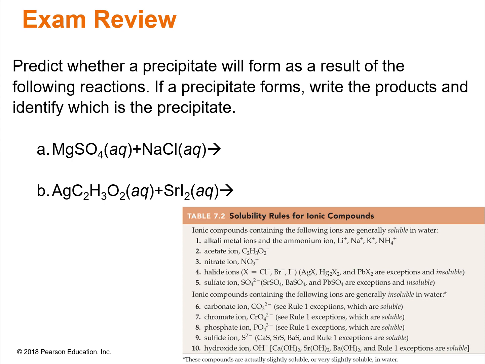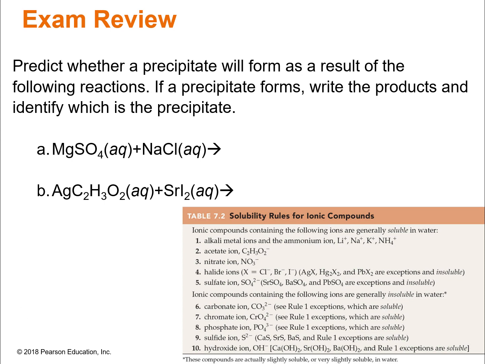We're starting out with predicting whether a precipitate will form as a result of a reaction. So these reactions are potentially double replacement reactions. We're taking two solutions, mixing them together, and seeing if we form something that is insoluble. So for the first one, since we have our two solutions, you mix them together and see what happens.